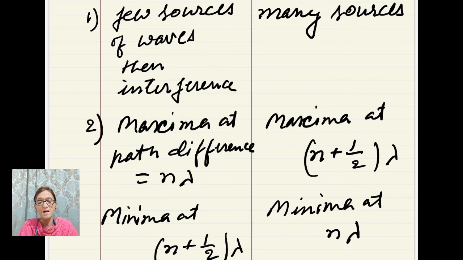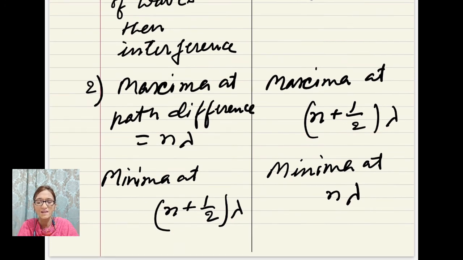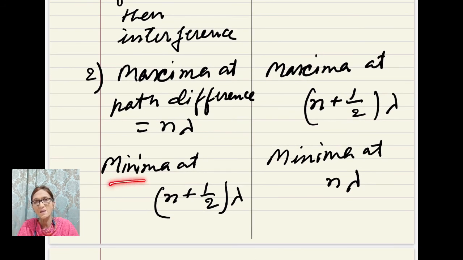Now, maxima in the case of interference is produced at a path difference of n lambda, whereas maxima in the case of diffraction is produced at n plus half lambda. And in contrast, the minima in the interference pattern is produced at a path difference of n plus half lambda, whereas the thing is inverted in diffraction. Here the minima is obtained at n lambda.